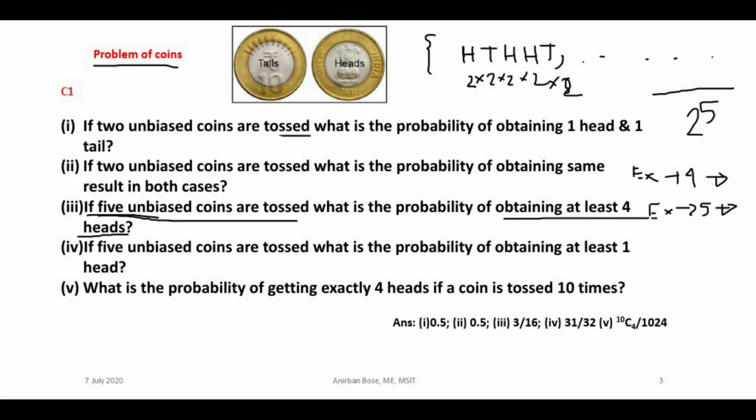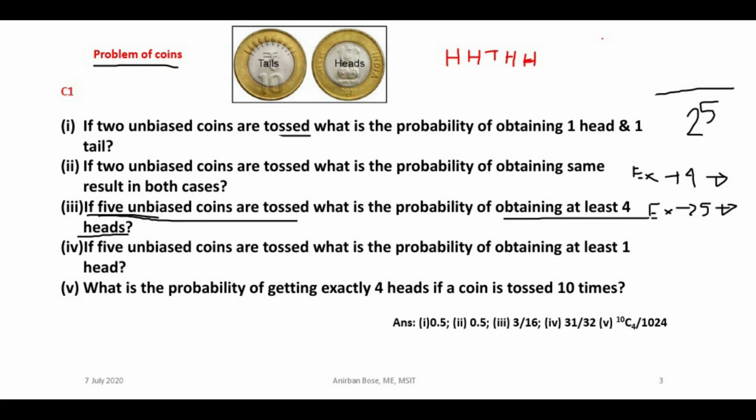So first let us find the number of outcomes corresponding to exactly 4 heads. Let us write one of the outcomes having 4 heads. Any one outcome, say head, head, tail, head, head. So this is one of the outcomes.